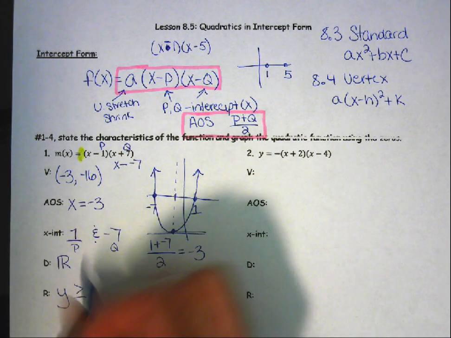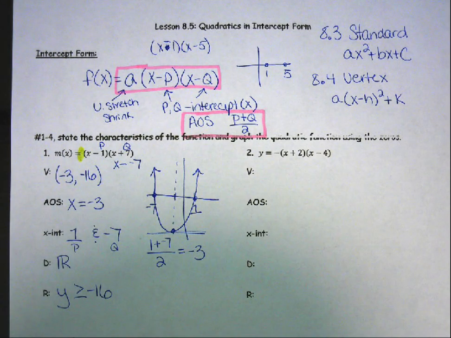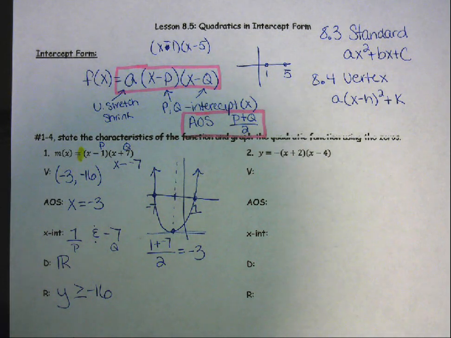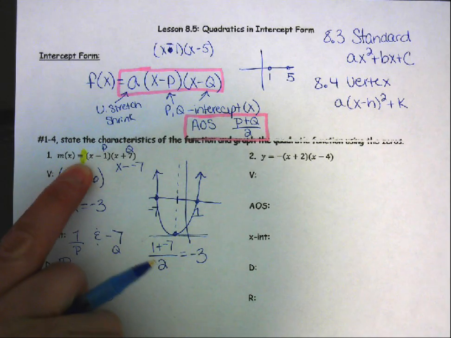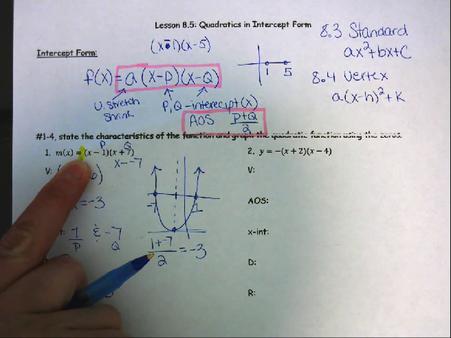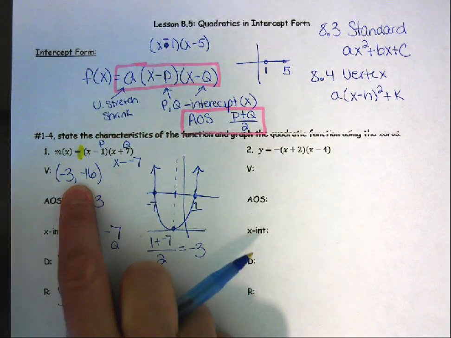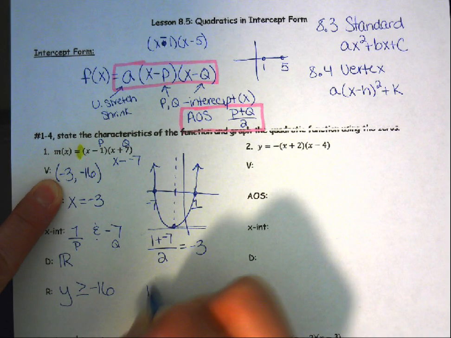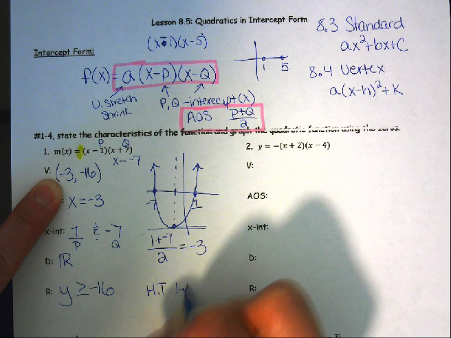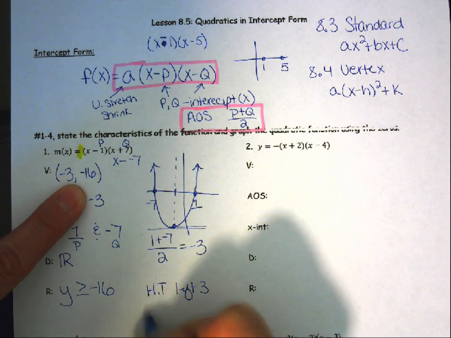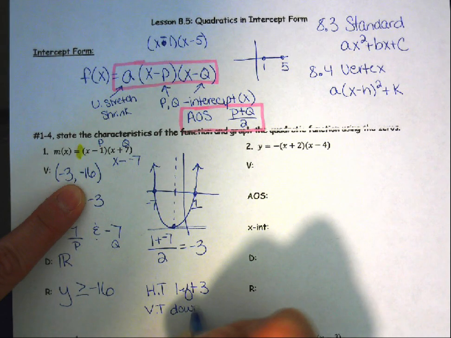Now, they could ask us to do a comparison. If they did, which they're not going to in this one, but if they did, notice there's nothing out front, so we do not have a reflection, we do not have a vertical stretch or shrink. The only thing we would say is that this moved horizontally left 3, and it went vertically down 16.